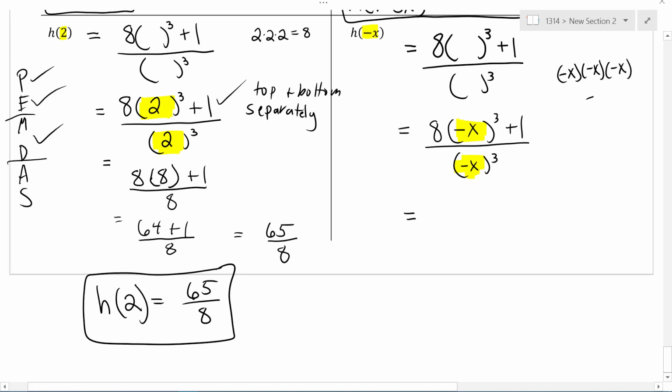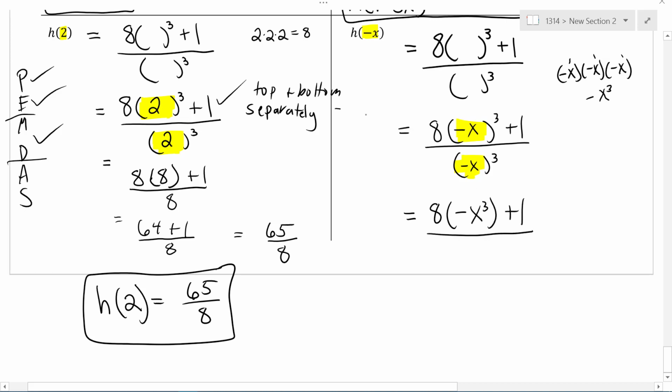Now x times x times x. If I have 3 x's, how do 3 x's become 1? That doesn't make any sense. I have an x times itself 3 times, so I'm going to put a 3 to say that's x cubed. Okay, so we have 8 times negative x cubed.